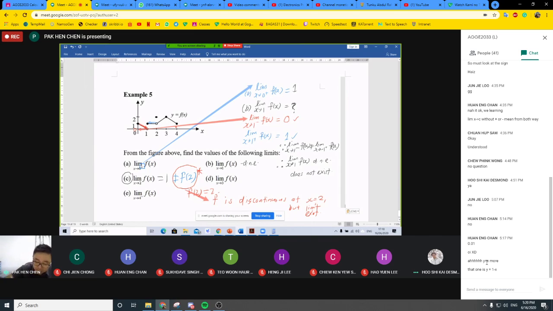Okay, because their limit value is not the same. Because the limit of f(x) is not the same as f(2). And therefore we can say f is discontinuous at x equal to 2.